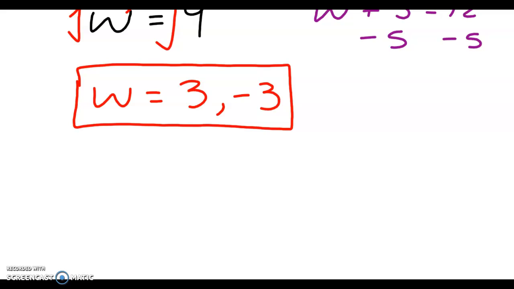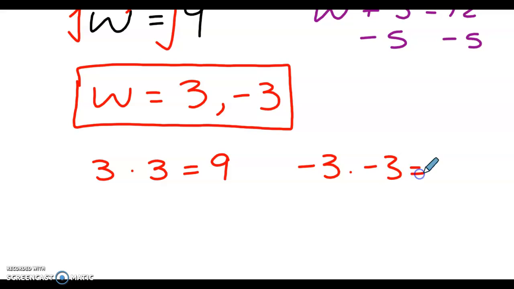But when you have the square root of a positive whole number, you have a positive and a negative root, because a square root is something that is multiplied by itself to equal that value. And that happens with both positive 3 times positive 3 and negative 3 times negative 3. Those both end up equaling positive 9.